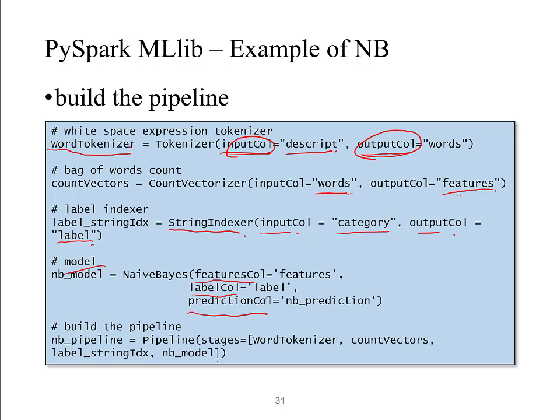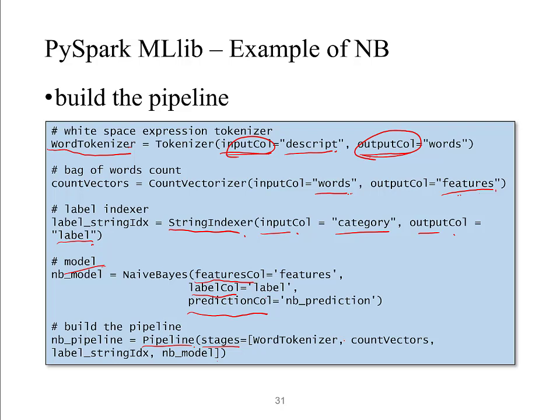Then the last step would be to build the pipeline. It is kind of easy. You just call Pipeline with defined stages, where the stages would be a list of transformers and estimators. But just remember that the order here matters because it is a sequence of procedures or algorithms.